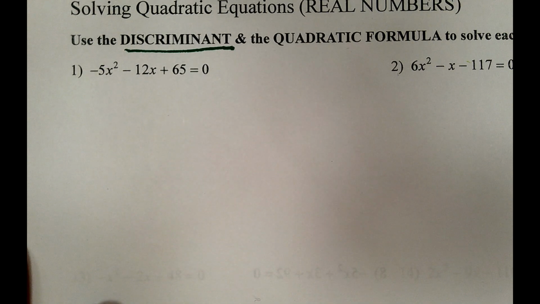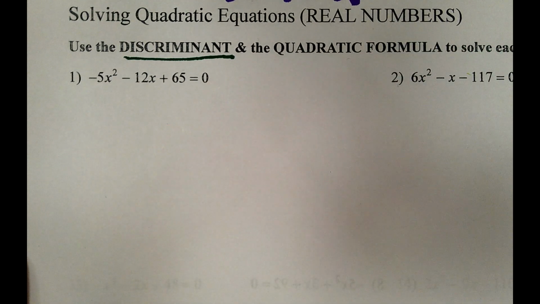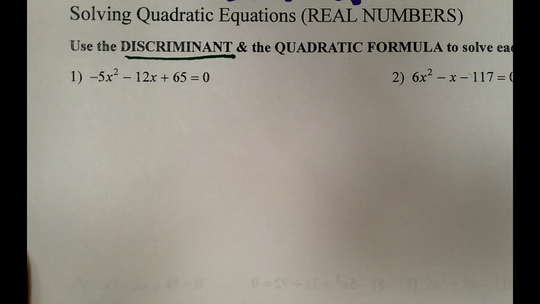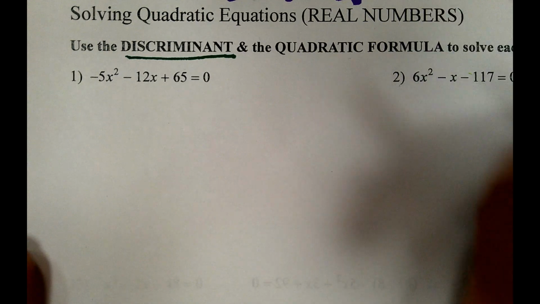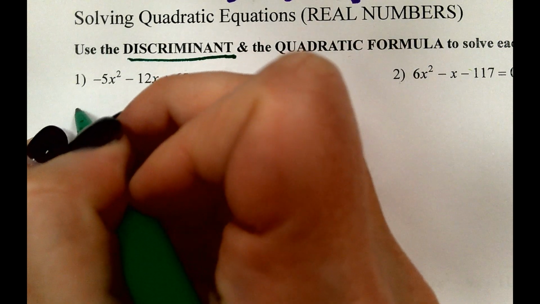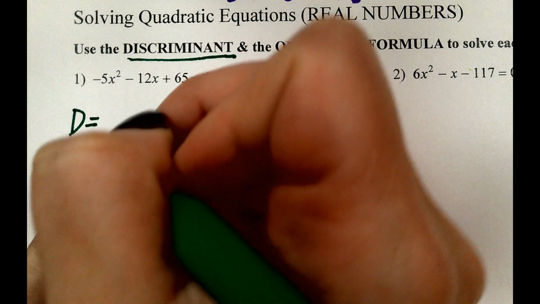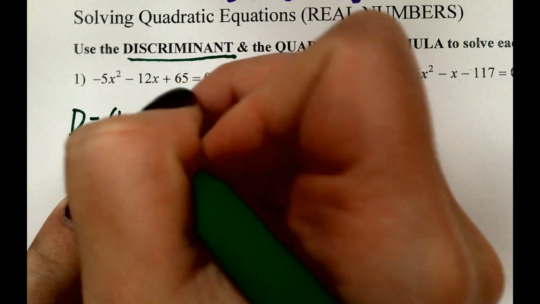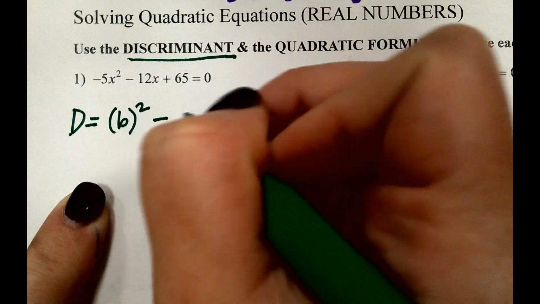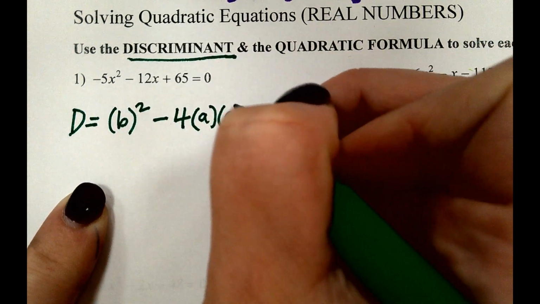And the reason I say that is because when you break down the problem and find the discriminant first, it can feel a little bit less overwhelming in my opinion, instead of doing it all at once. So first let's find our discriminant. And we're going to be using that formula b squared minus 4 times a times c.